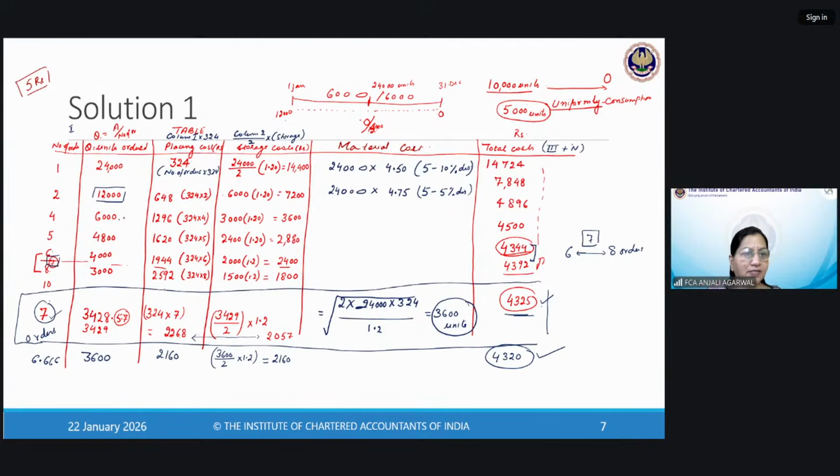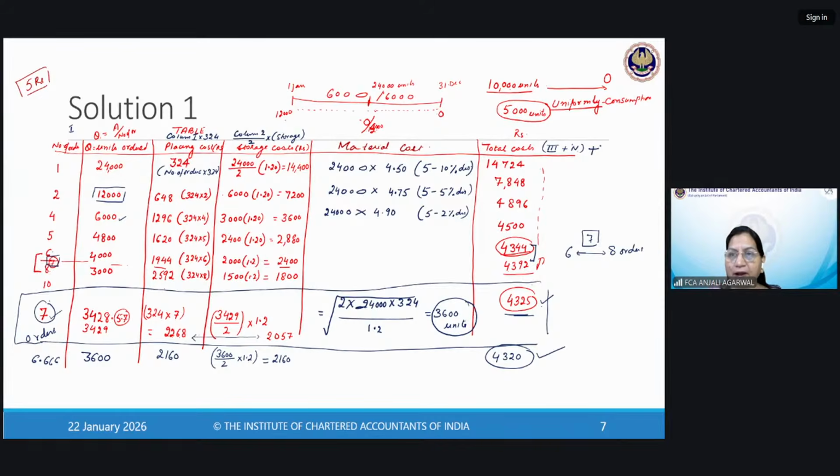If he says that if you buy anywhere between 5,000 to 10,000 units, I'm going to give you a discount of 2%, then we will buy 24,000 units 4 times, 6,000 into 4, and each unit will cost us 5 minus 2% discount, so 4.90.